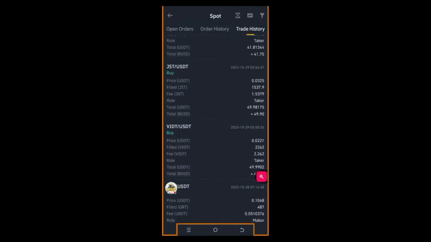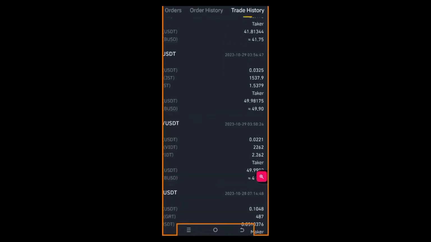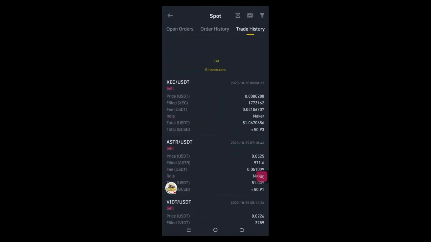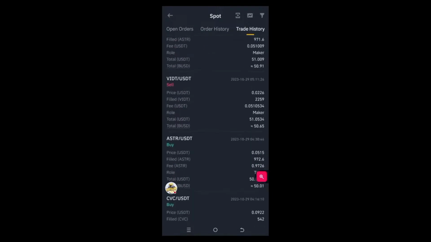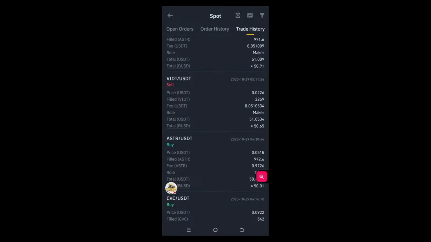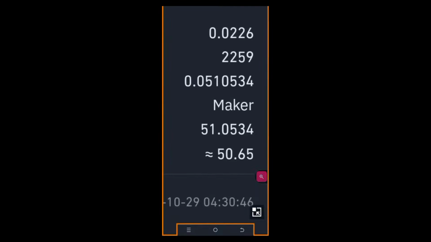Look at it here. We bought it here at 221. That's the price we bought at. In terms of executing, we were able to execute at 0.0226, and that gave us a profit of $1.05. Look at that. That's beautiful.